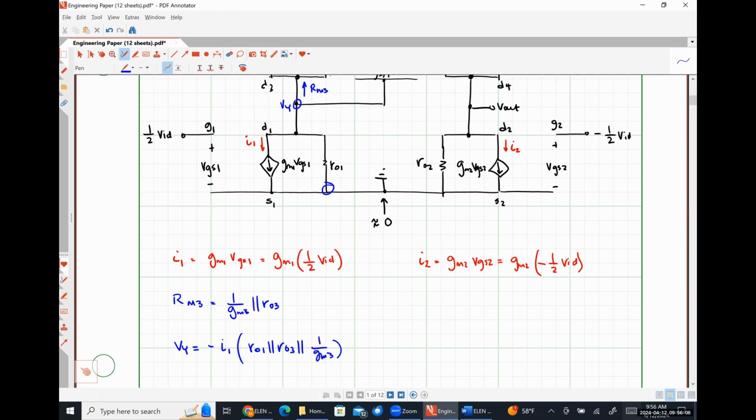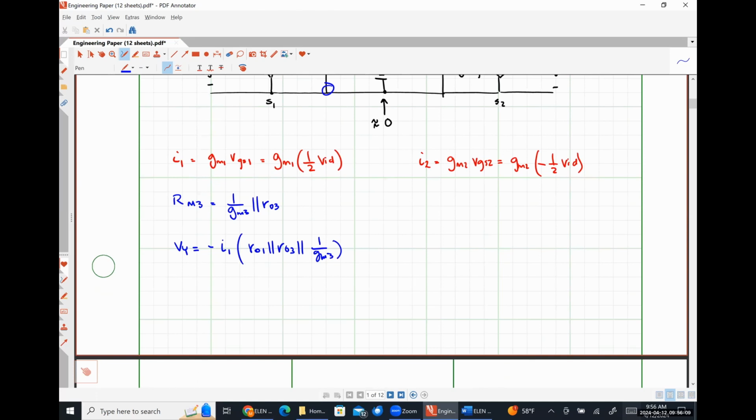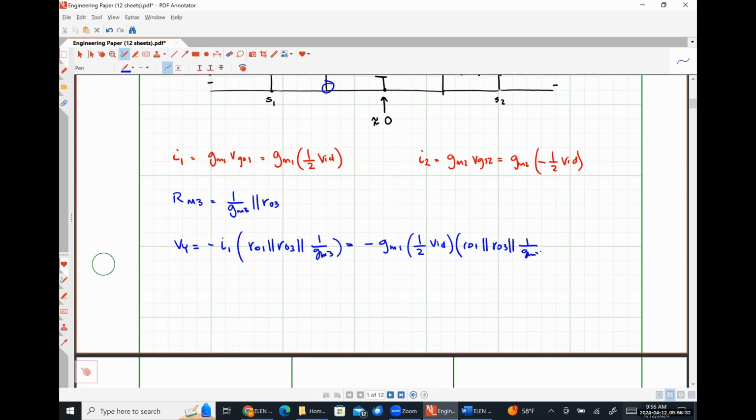Okay. Substituting things in here, that's going to look like negative GM1 times half of VID times R01 in parallel with R03 in parallel with 1 over GM3. We're going to make an approximation here because we know that R01 and R03 are typically much, much larger than the resistance 1 over GM3.